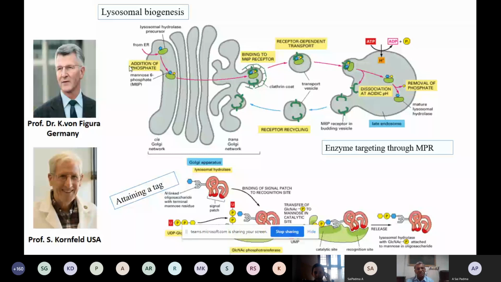Two scientists, independently in the early 1980s, Professor Kornfeld from USA and Professor von Figura from Germany, worked on these lysosomal enzymes and the sorting receptors, and they identified a phosphotransferase enzyme which is responsible for adding the phosphate group onto the mannose residues in the lysosomal enzymes.